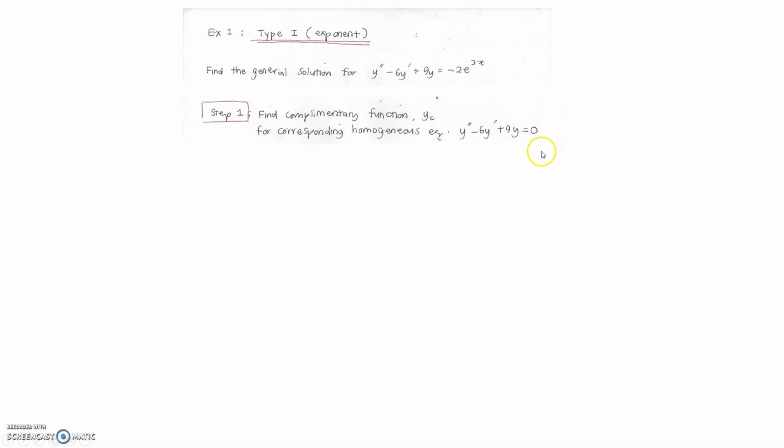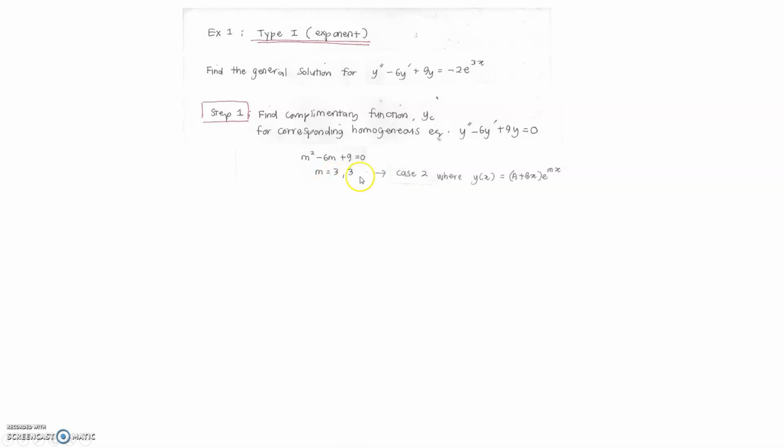For this homogeneous equation, you come out with the characteristic equation m squared minus 6m plus 9 equal to 0. Based on this quadratic equation, you solve it using your calculator to find the roots. The roots are m1 equal to m2 equal to 3.